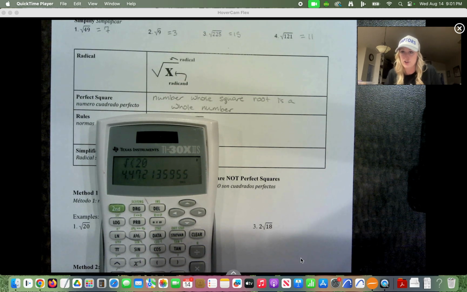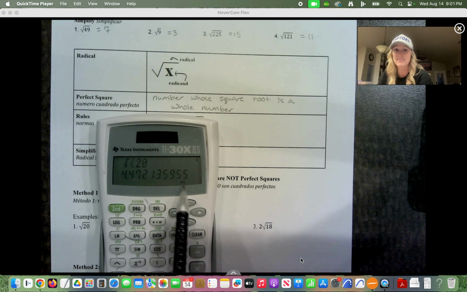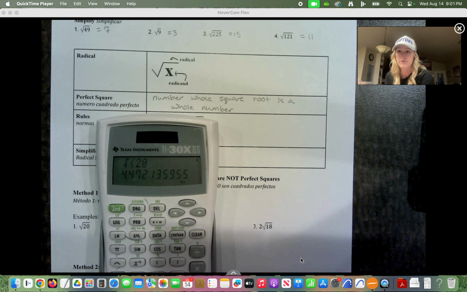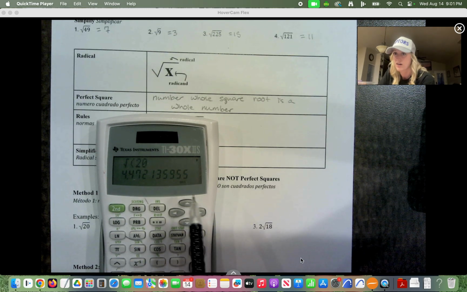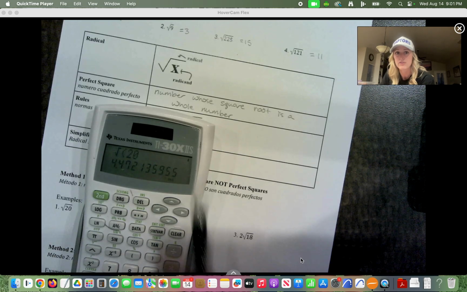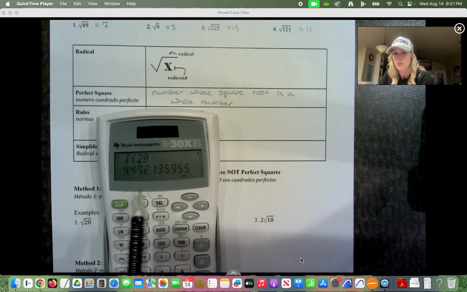That's called an irrational number. And your calculator only goes out this many places. That's actually not the end of the answer. It goes on forever. So your calculator is rounding to this place. So technically, this is not an exact answer. It is rounded. So a simplified radical is not giving it as a decimal. It is giving it still in exact form.